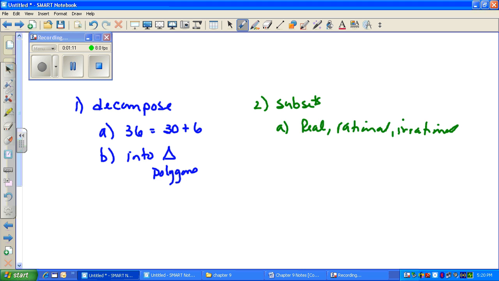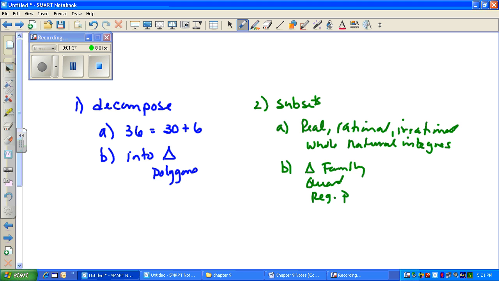So we did this in Math 115, whole, natural, and integers. So we looked at them as their little parts of the whole, and we can do that as well with shapes, and we did this when we had our triangle family and when we had our quadrilateral family, and then when we looked at all of our different regular polygons.